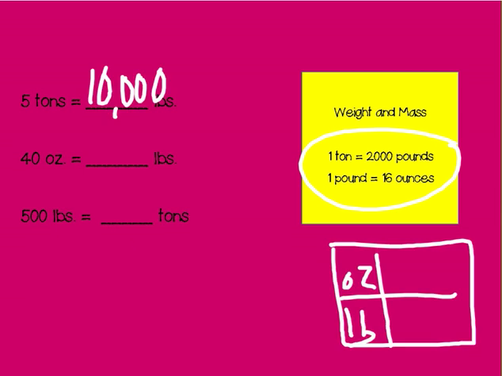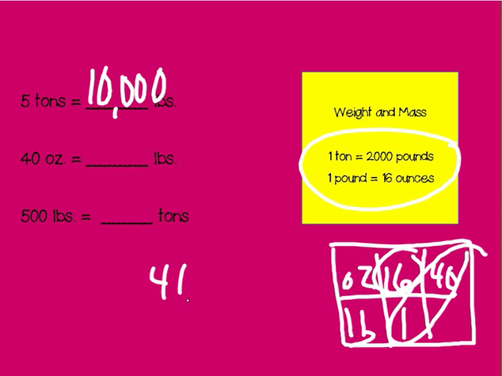For our next problem, we can see that 1 pound equals 16 ounces. We have 40 ounces, and so we can cross multiply and then divide by the number that's left over. So 40 divided by 16, 16 will go into 40 2 times, 2 times 6 is 12, carry a 1, 32.